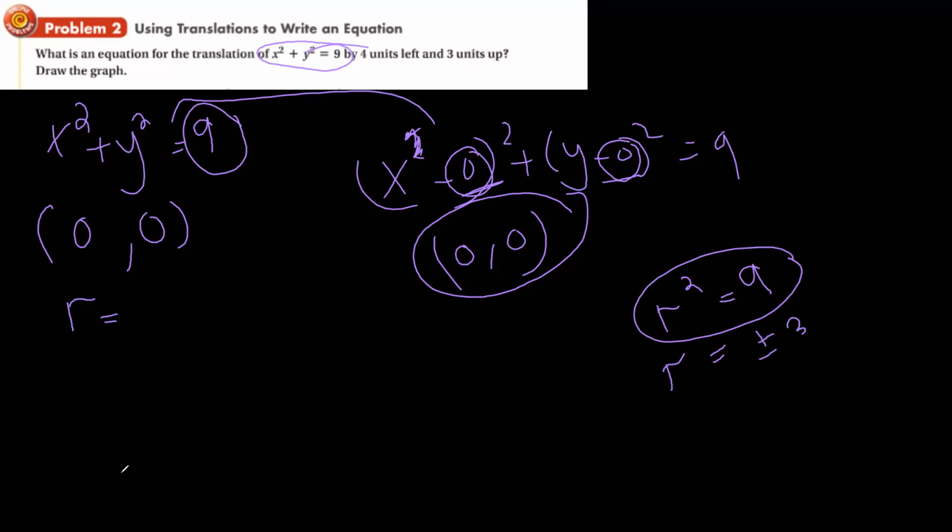But since a radius is a distance and cannot be negative, I will say that r is 3. Here 9 is r squared, so the square root of 9, as we know, is 3. So the radius is 3 and the center here is 0, 0.